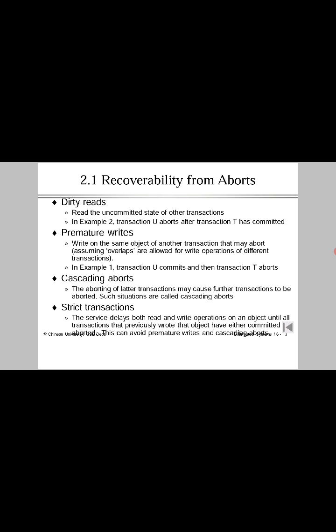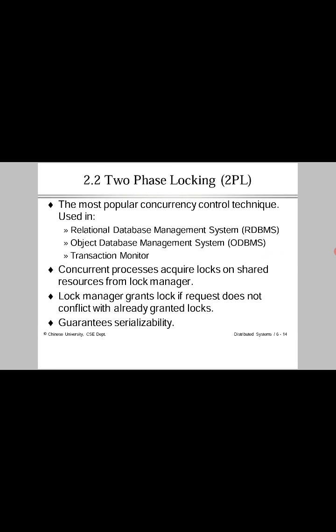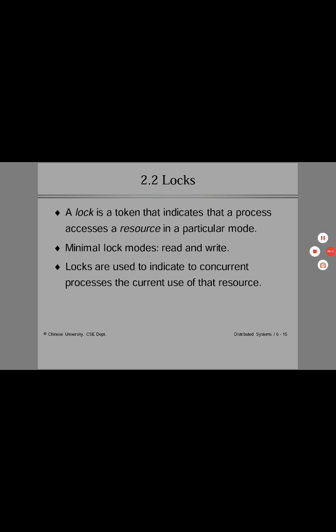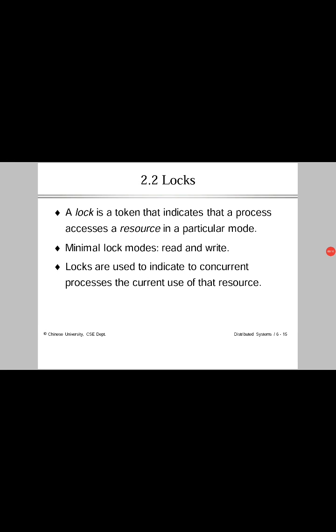All these are the different types of problems. To avoid all these things, that is called database concurrency control. To avoid concurrency problems, we may use a technique called locks.